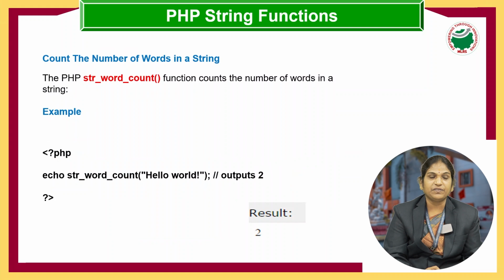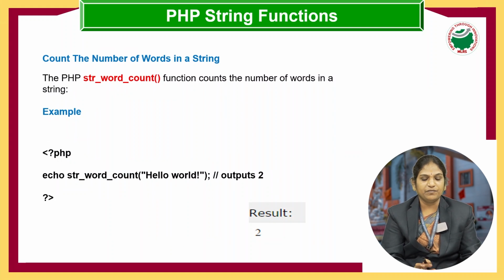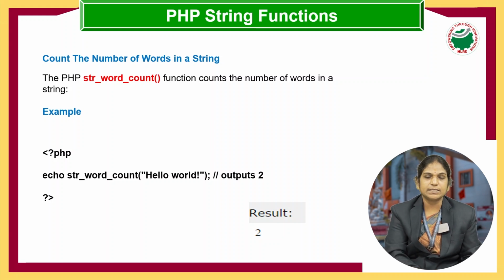And next function is to count the number of words in a string. There is a function called str_word_count, which counts the number of words in the string. And here the difference, it is taking the space between the characters as the delimiter. If there is a space between the characters, then it is going to be treated as two different words.